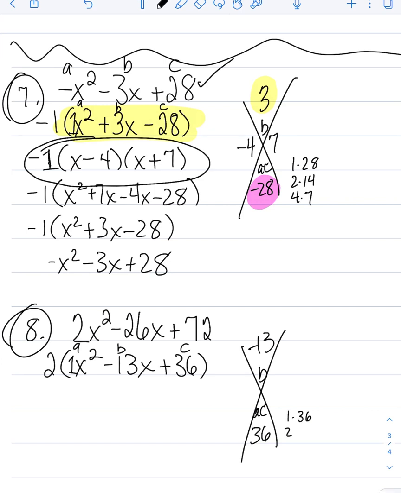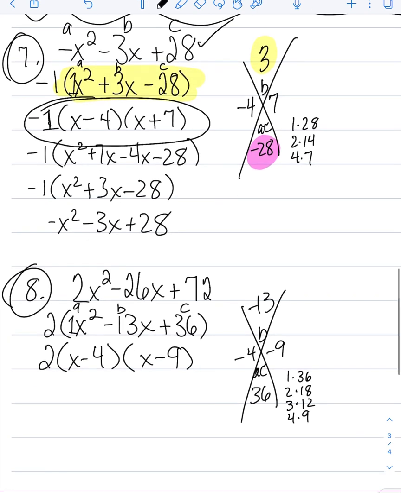So 1 times 36, 2 times 18, 3 times 12, 4 times 9, and right there it is. 9 and 4, if I make them both negative, will give me negative 13 when I add them. And negative 4 times negative 9 gives me positive 36. So my factors are going to be 2 times x minus 4 times x minus 9.